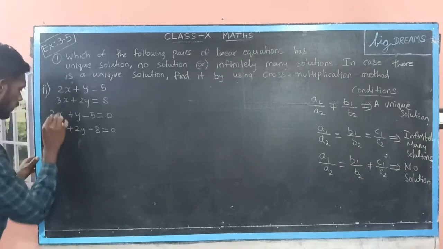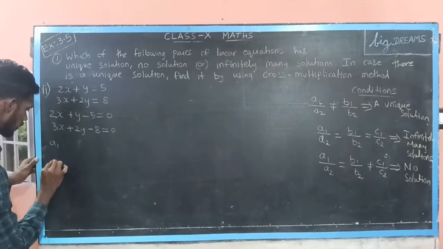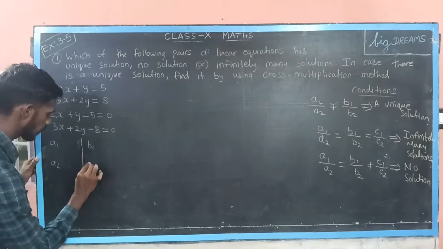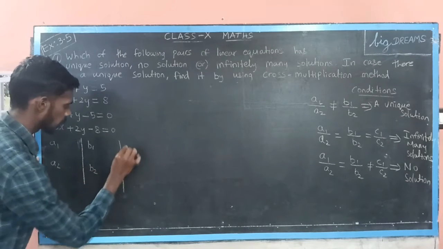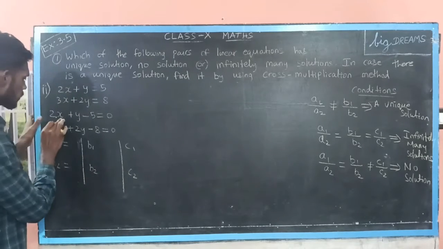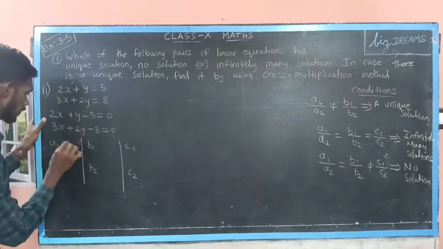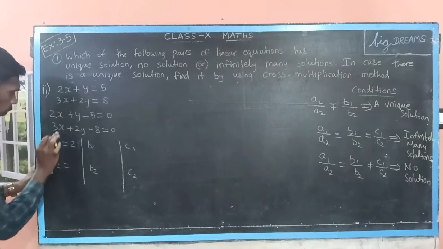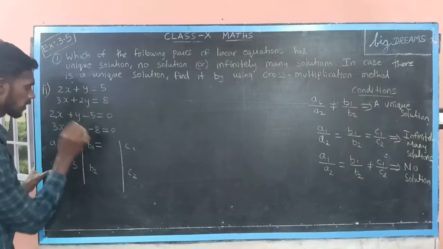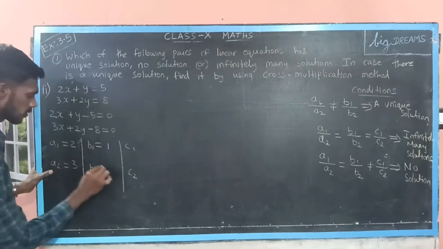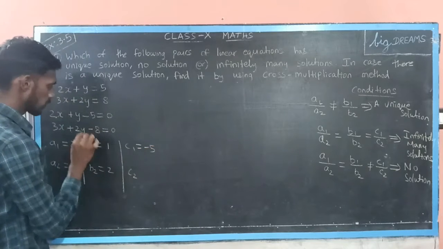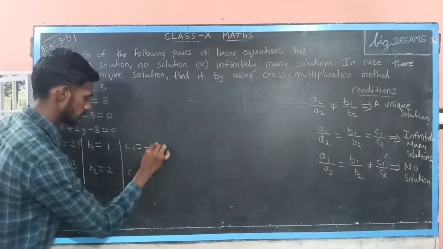Now pick out the values of a1, a2, b1, b2, then c1, c2. a1 is the coefficient of x in the first equation, which is 2. a2 is the coefficient of x in the second equation, which is 3. Then b1 is 1, b2 is 2, then c1 is minus 5, c2 is minus 8.